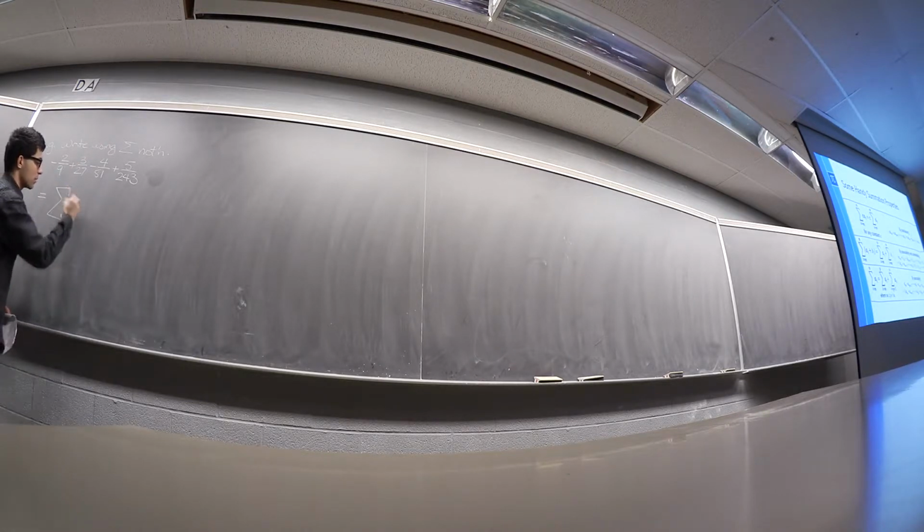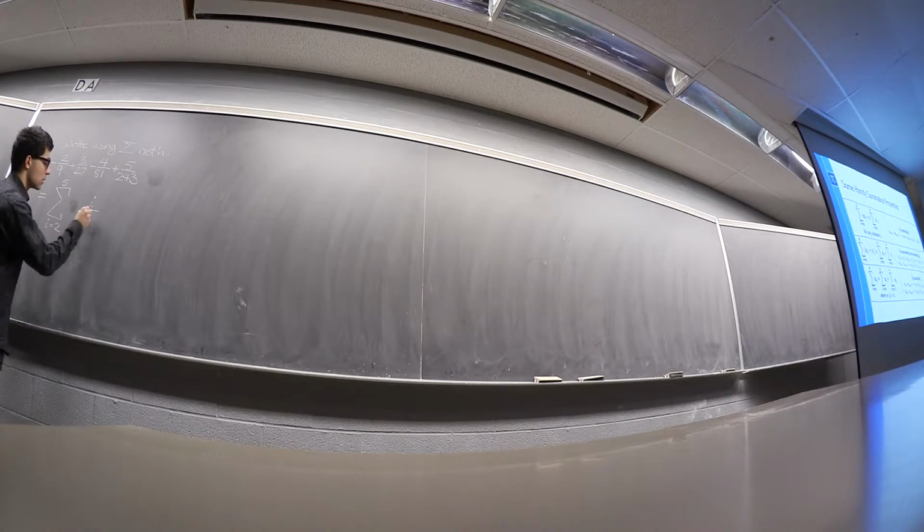So that's what the top will look like. The bottoms are the corresponding powers of 3. Okay, 2 over 3 squared, 3 over 3 cubed, 4 over 3 to the 4, 5 over 3 to the 5.